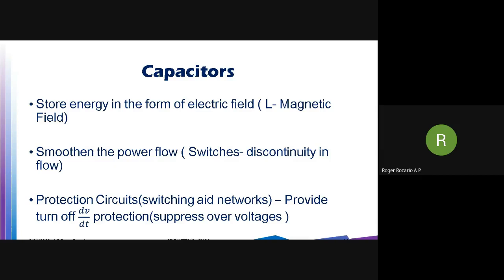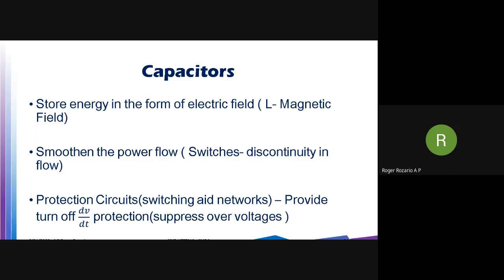When you turn off the switch, there will be a huge over voltage spike. In order to prevent that spike or increase in the voltage, we are going to use capacitors, which will protect the switches from getting damaged because of the severe voltage spike during turn off. So basically, they are used for turn off dV by dt protection.